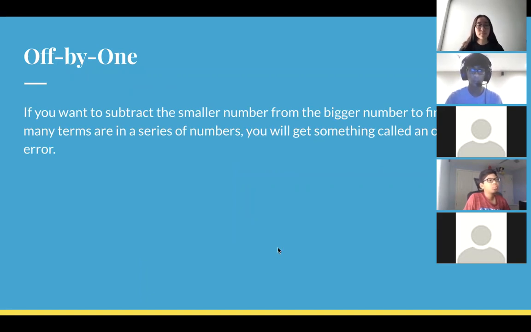To calculate the amount of terms in a sequence that's increasing by 1, you subtract the smaller number from the larger number, but you'll get something that's off by 1.